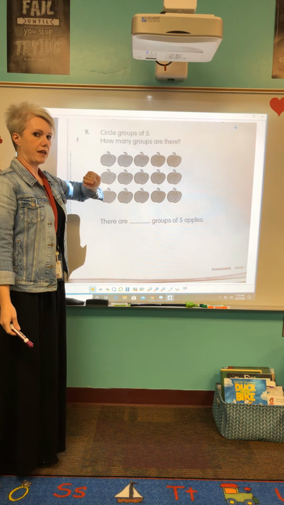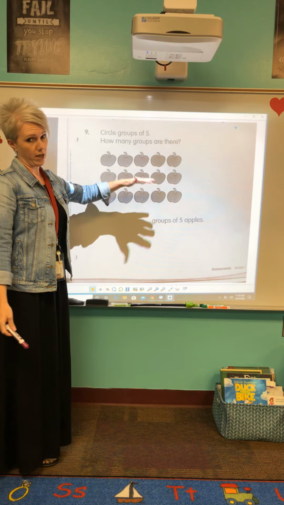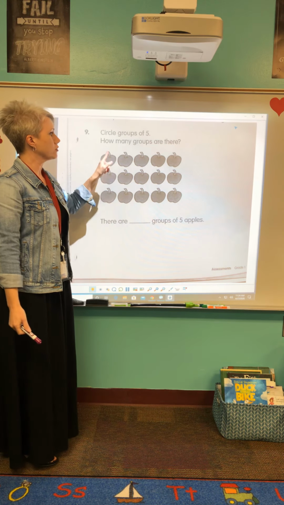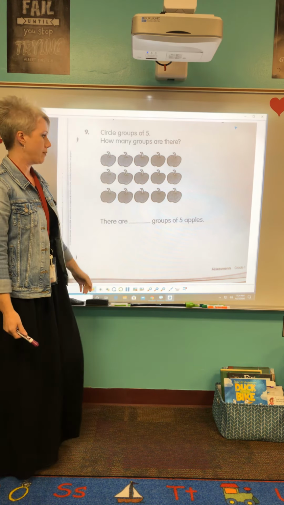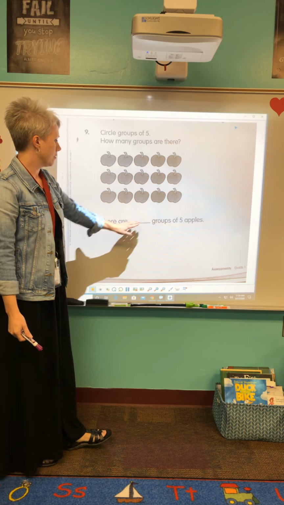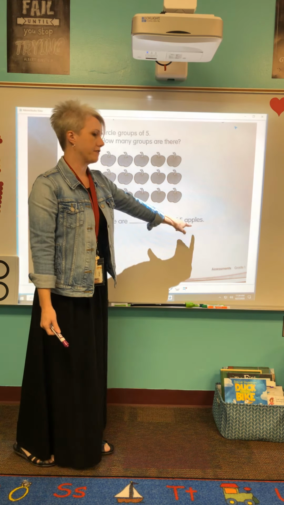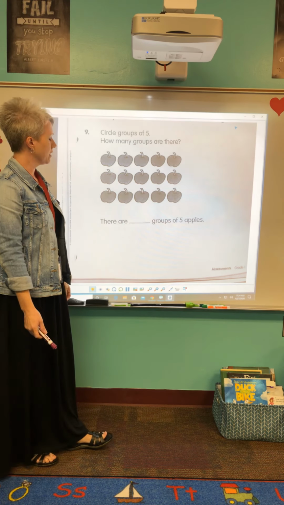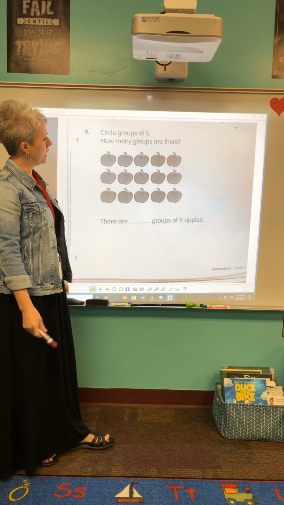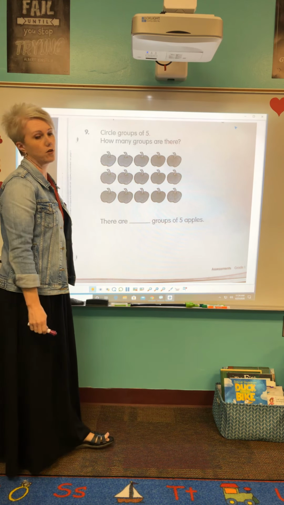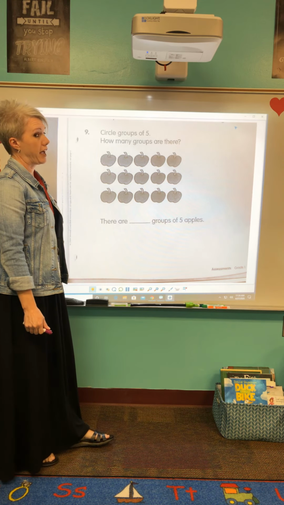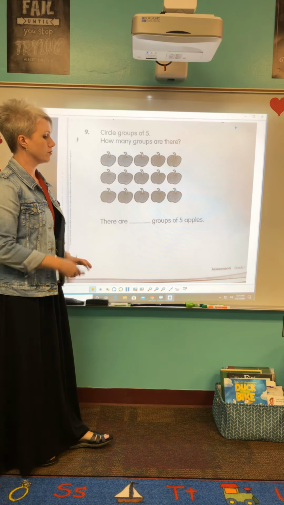That means you're going to make however many groups. We don't know. We've got to figure out how many groups we need. But each group needs 5 apples. There are blank groups of 5 apples. So circle 5, then circle 5 more, circle 5 more, circle 5 more, circle 5 more, till you run out of apples. And then write the number of groups you have.